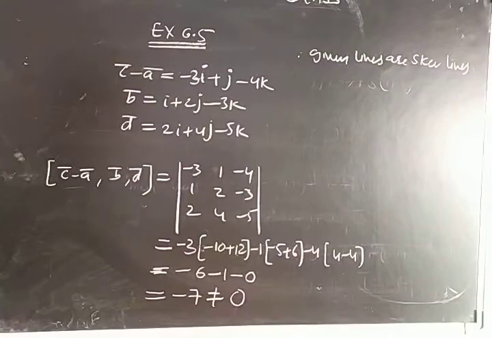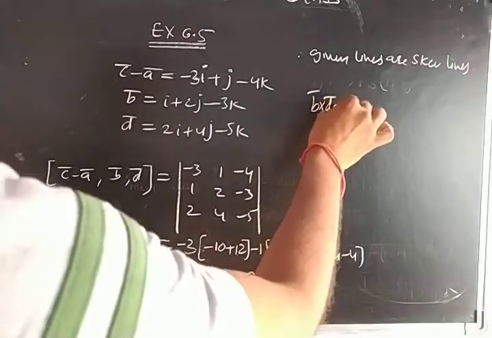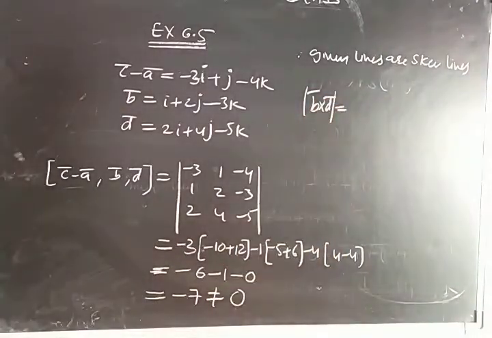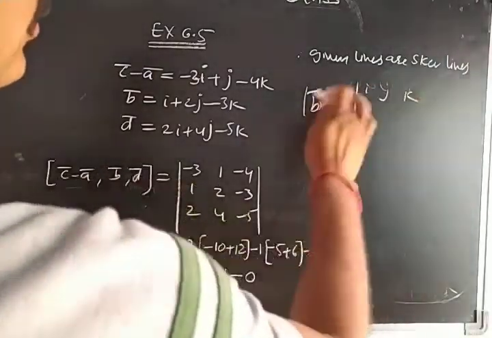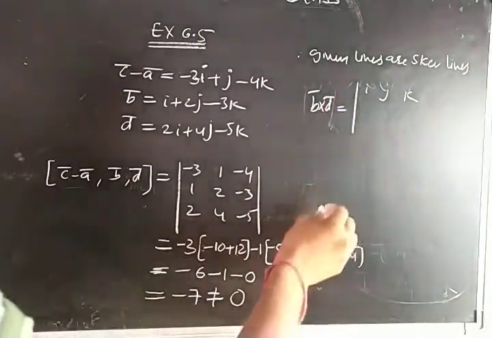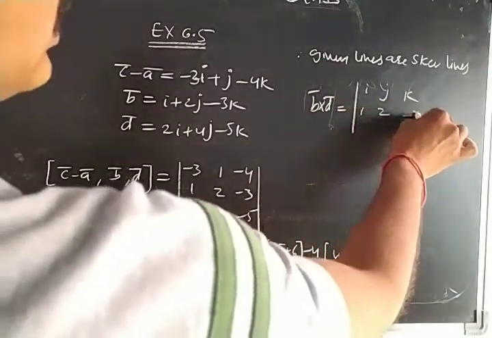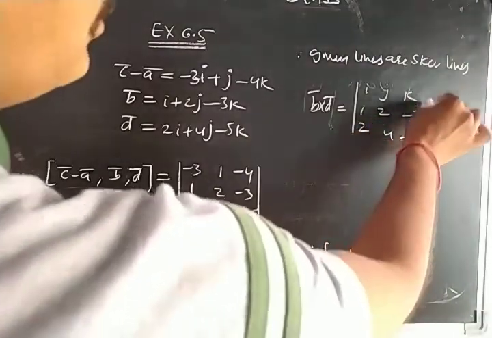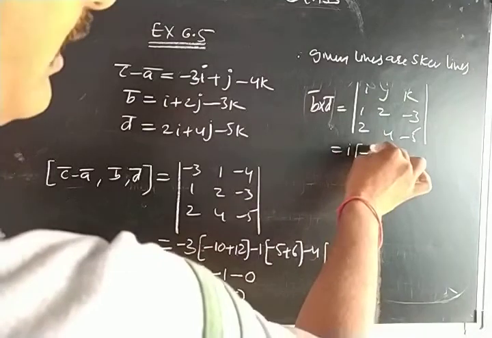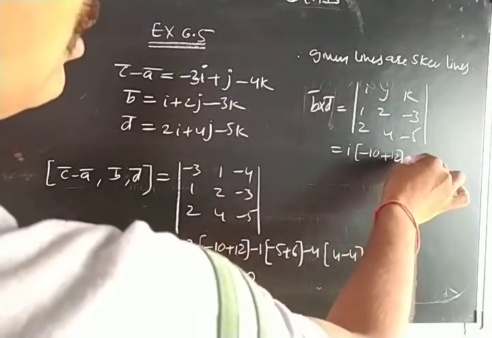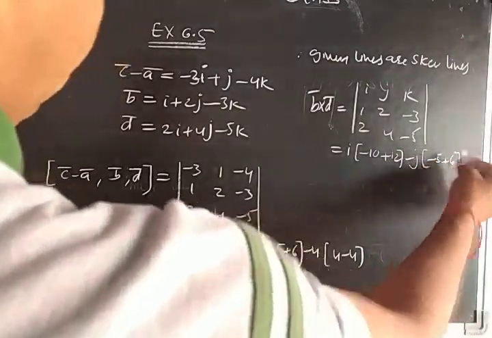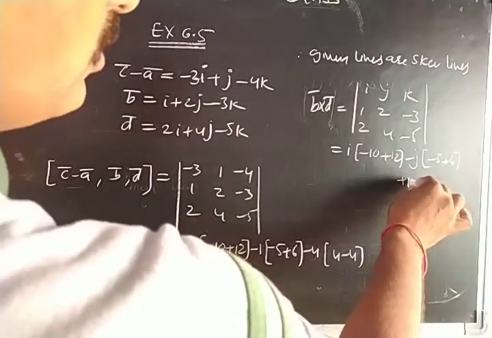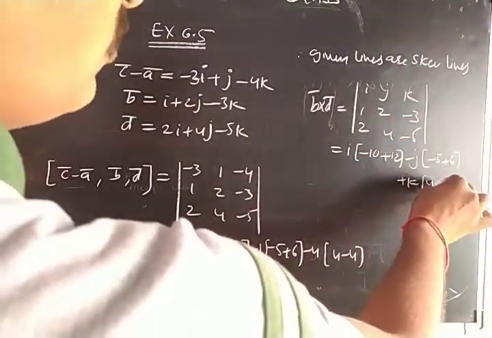Now if they are skew lines, we have to find the shortest distance. To find the shortest distance, we need to find b cross d bar also, and we need the modulus of b cross d bar. Right, first I will find b cross d bar, then after that I will find the modulus. B components 1, 2, minus 3, d components 2, 4, minus 5. Okay, i into minus 10 plus 12, minus j into minus 5 plus 6, plus k into 4 minus 4.